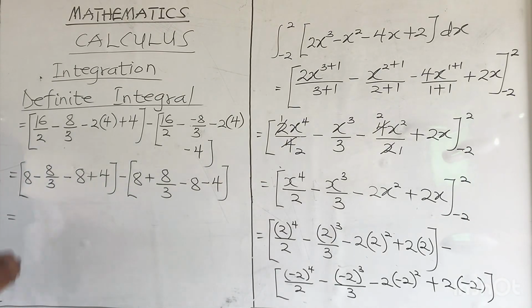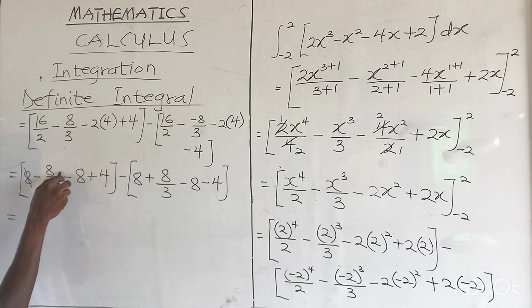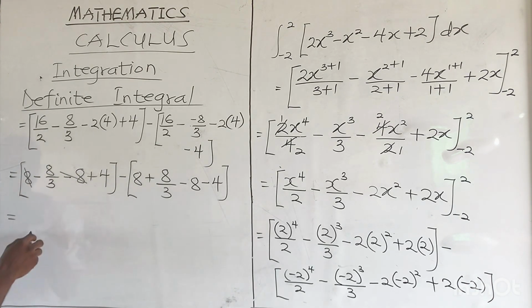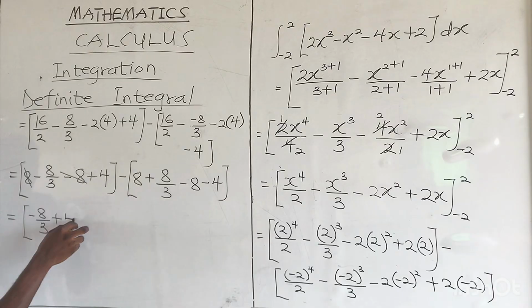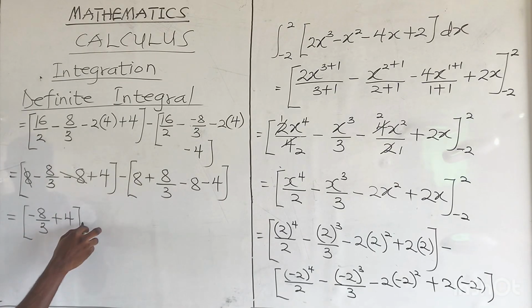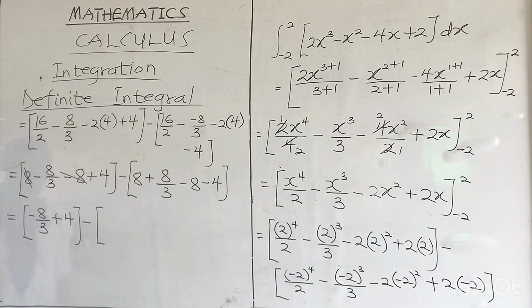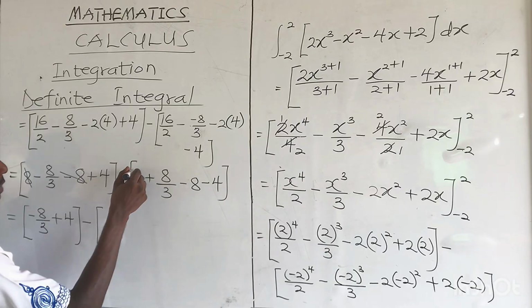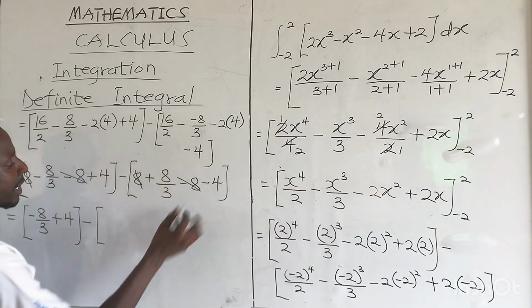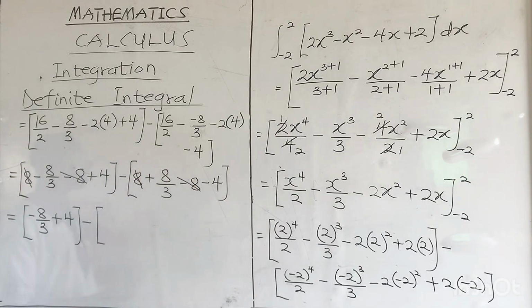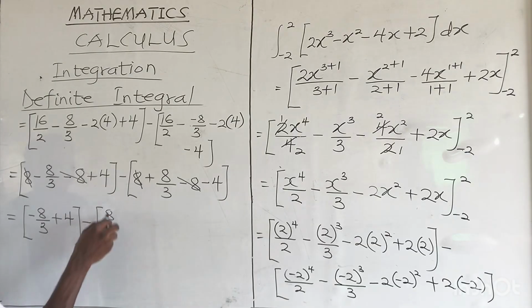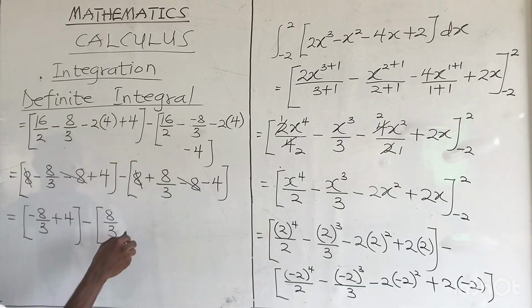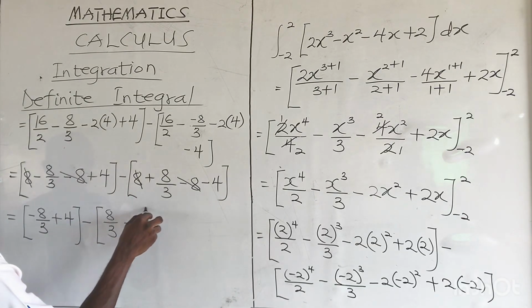Now from here, this is positive 8, this is negative 8, so they will cancel out. So it will be left with minus 8 over 3 plus 4, minus another bracket. Over here, this positive 8 will also cancel the negative 8, for which we are going to get 8 over 3 minus 4.